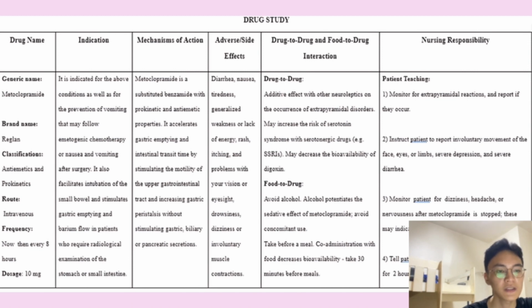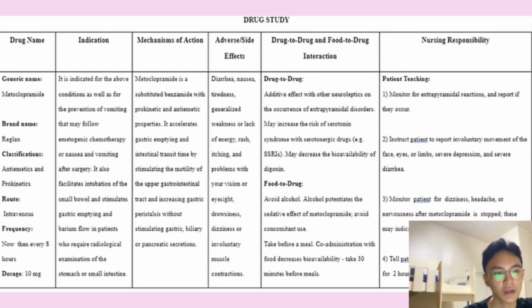So the side effects are diarrhea, nausea, tiredness, weakness or lack of energy, rash, itching, problems with vision or eyesight, drowsiness, dizziness, or involuntary muscle contractions.